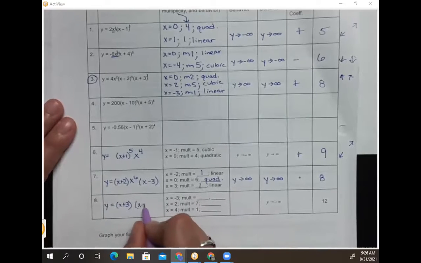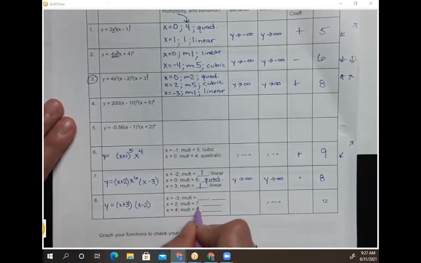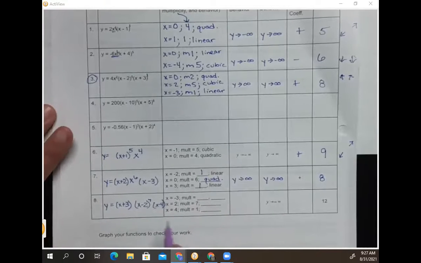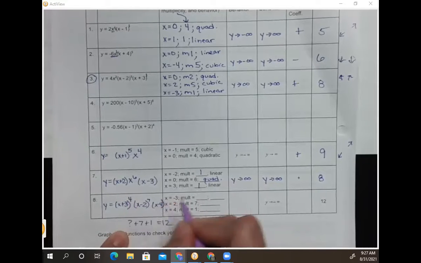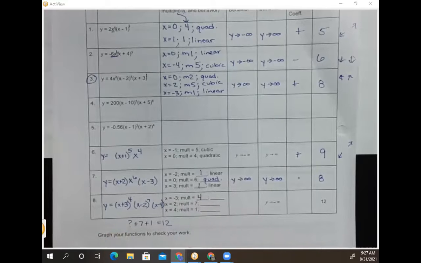I've got x minus 2 as a factor. Its exponent would be 7. And then I've got x minus 4 as a factor. Its exponent would be 1. So right now I've got something plus 7 plus 1 that's got to add up to 12. What's that other exponent have to be? 4, yeah. So that means the multiplicity on this one is 4.